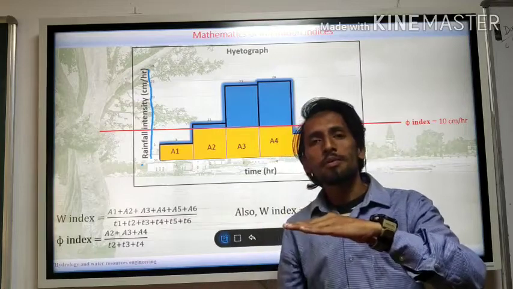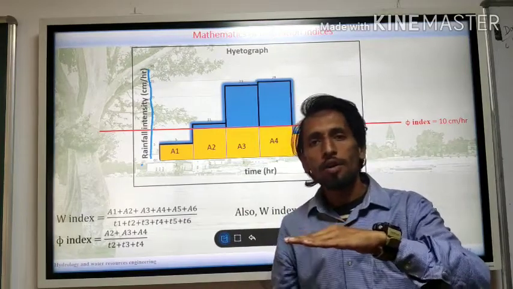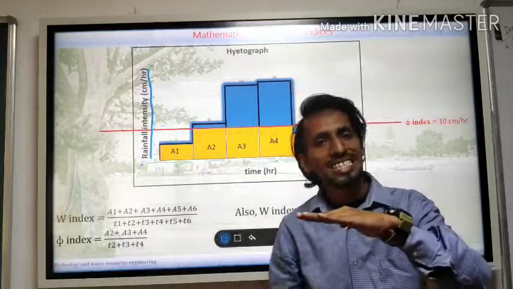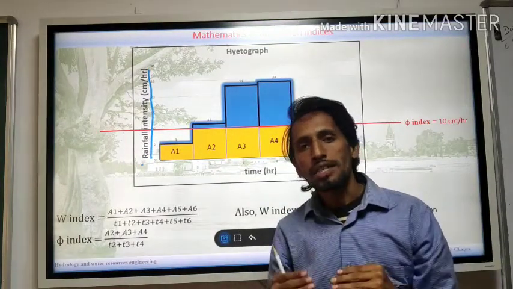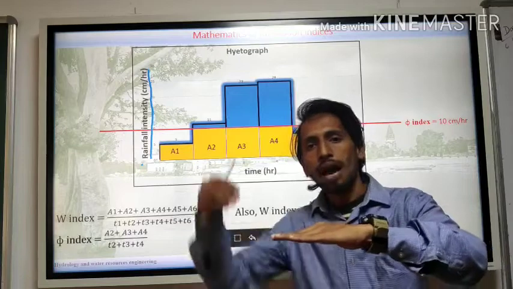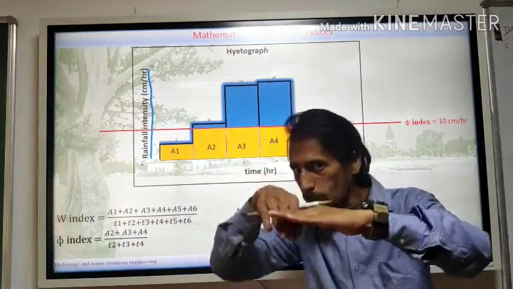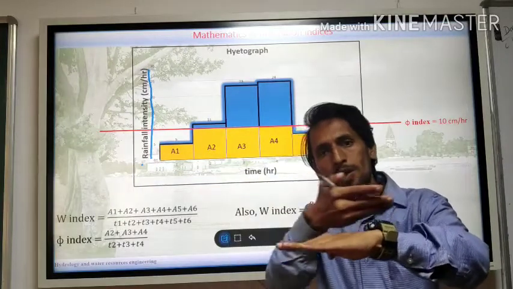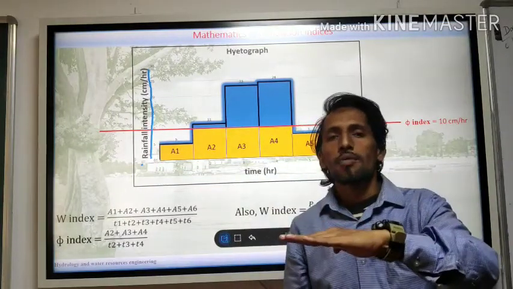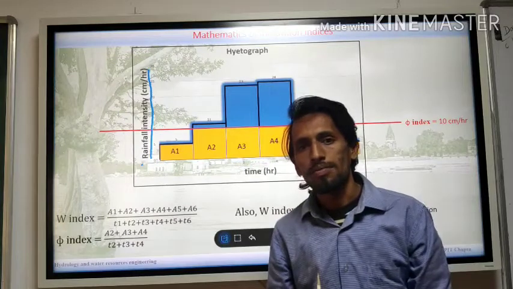If 7 centimeter per hour से रेनफॉल होगा, all the water will go inside the earth. But if 7 से ज्यादा हो, 8 centimeter per hour हो, तो what will happen? Some of the water will be going inside the earth, but the remaining water will come as runoff. Okay.